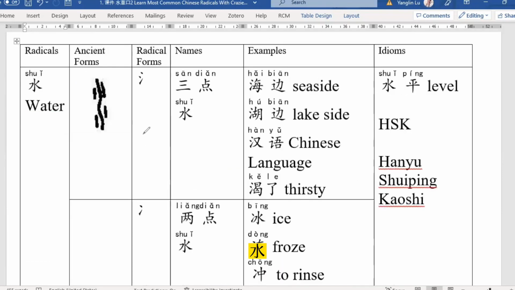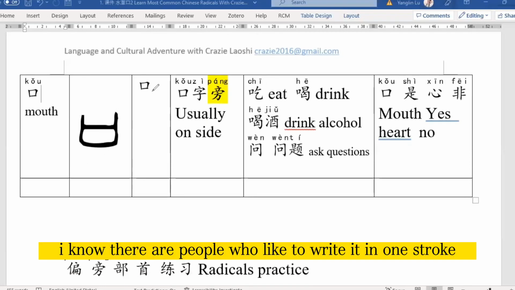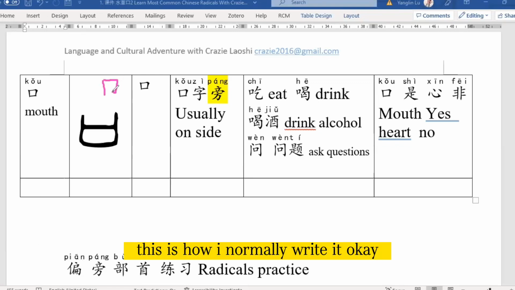Okay, 水: 竖钩, 横撇; 水 3点水, 2点水; 草: 横, slanted 竖; and 口. I know there are people who like to write it in one stroke, but this is how I normally write it.